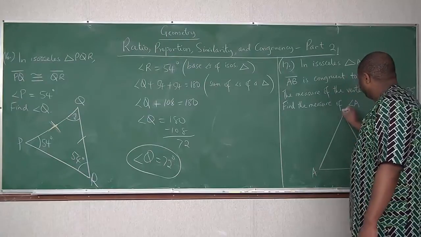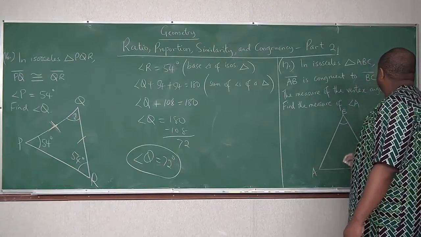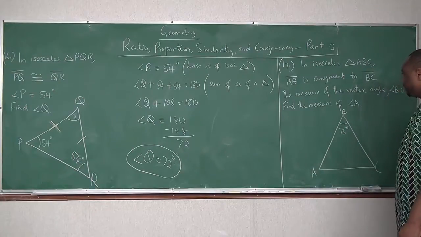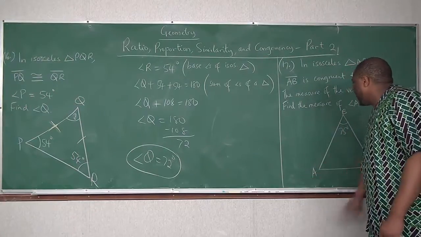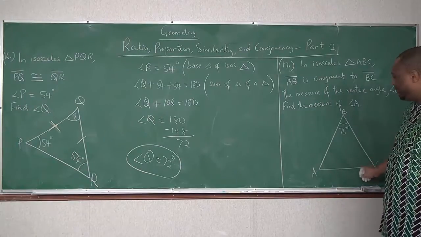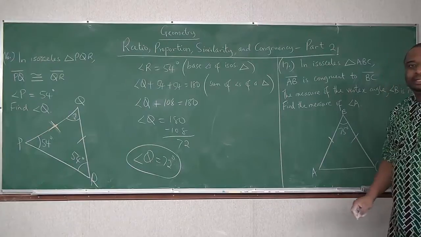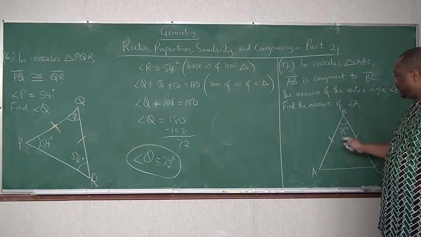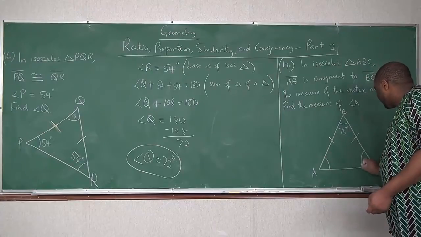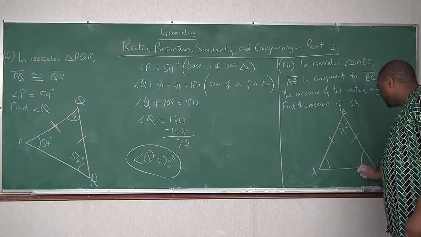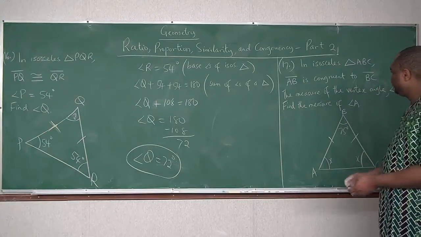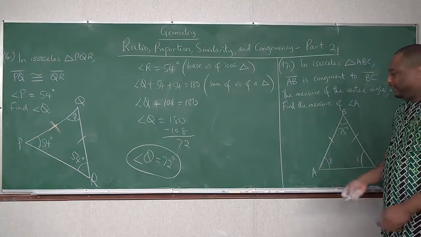B is 75 degrees. And they say that line segment AB is congruent to line segment BC. So this is an isosceles triangle, and this is equal to this. Let's call it X. They want us to find angle A.